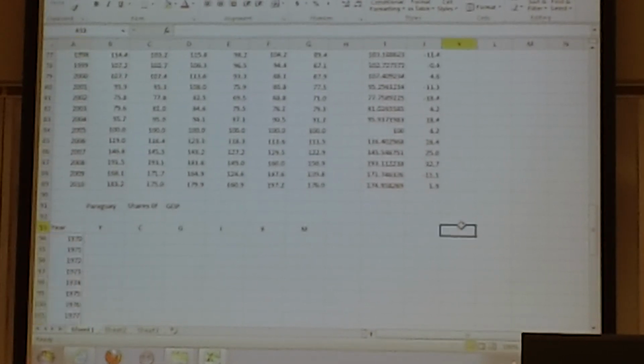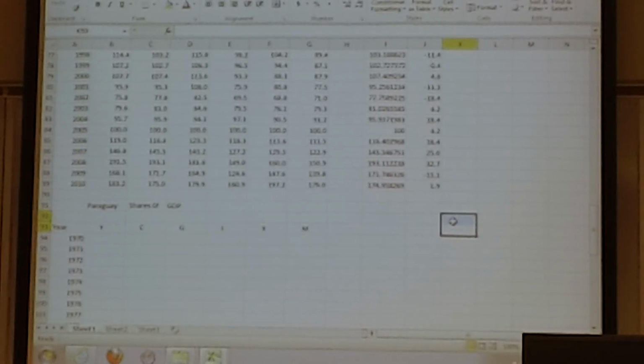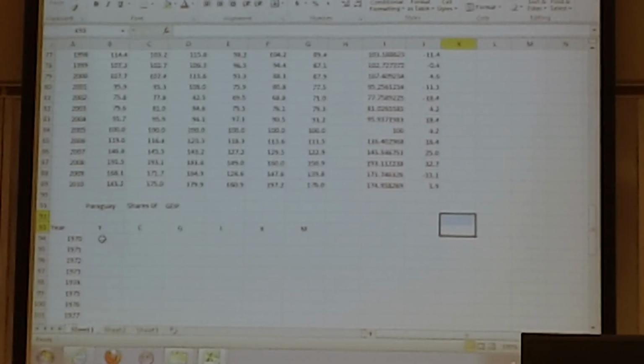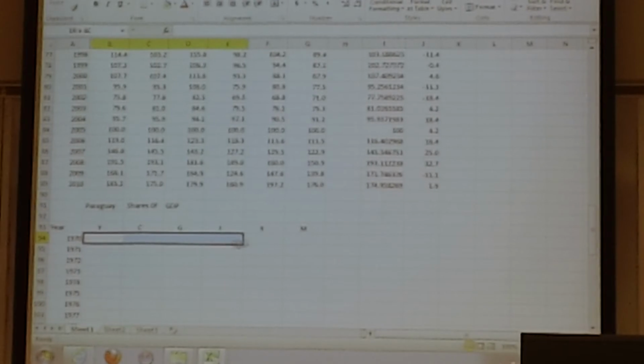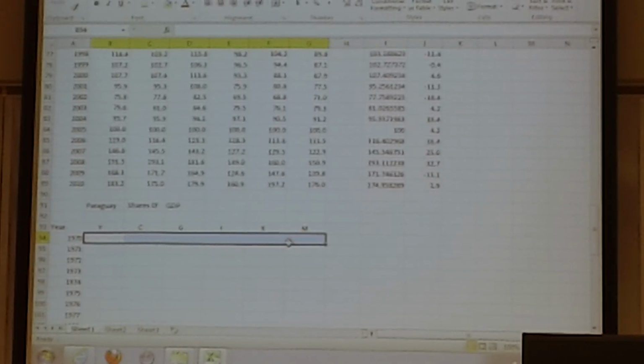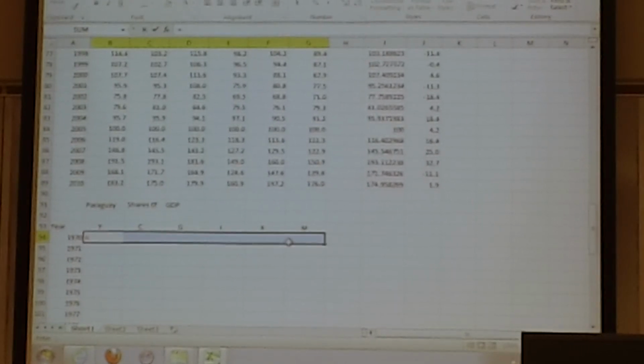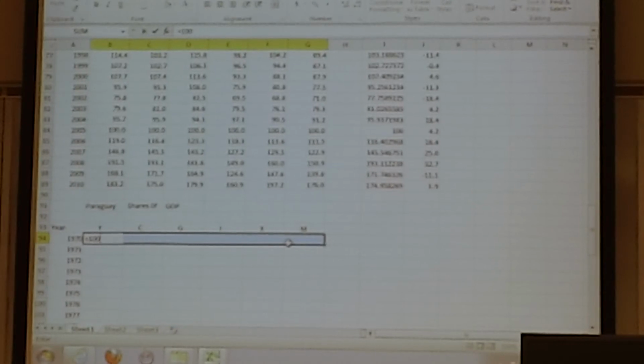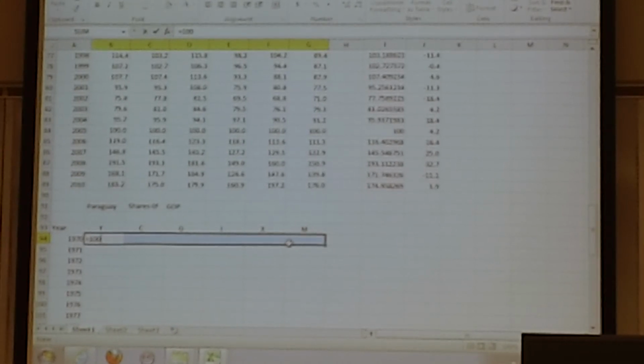Now, to do this, we work from the constant table. First, we highlight these places over here, and then we put 100 times. Now we go over here to the constant table.